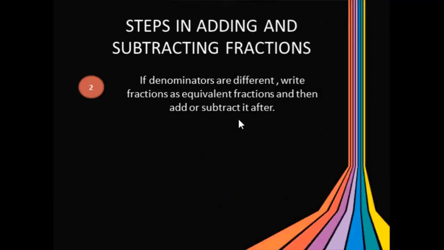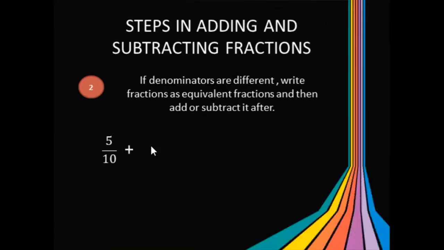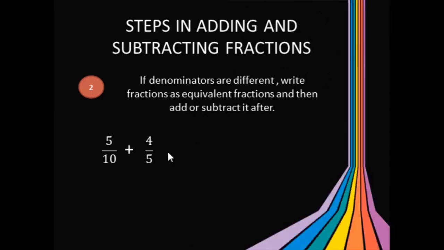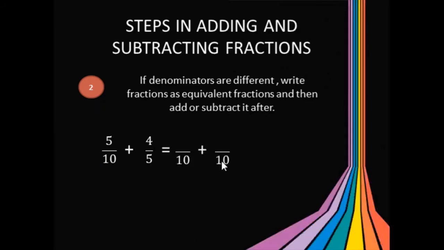So what happens now is we need to change first into equivalent fractions. So we need to find again their common denominator. So we need to find their GCF or the greatest common factor. What do you think is the number that can be divisible to these two denominators? We can have 10 as our denominator. So we have 10 plus 10.